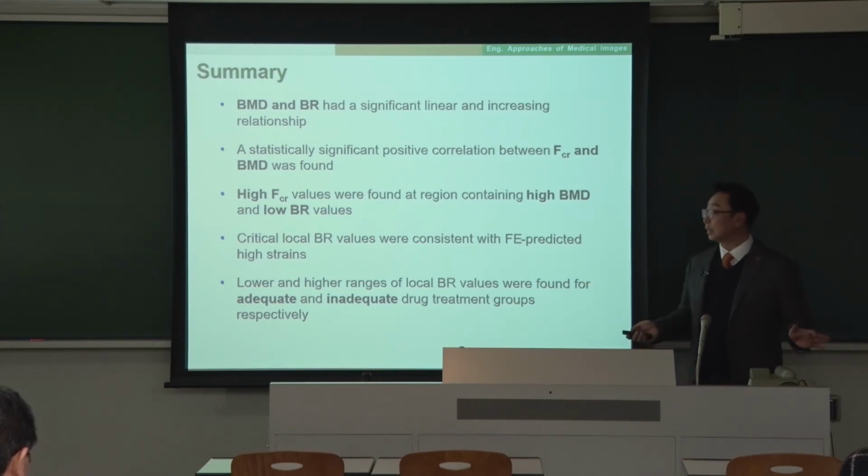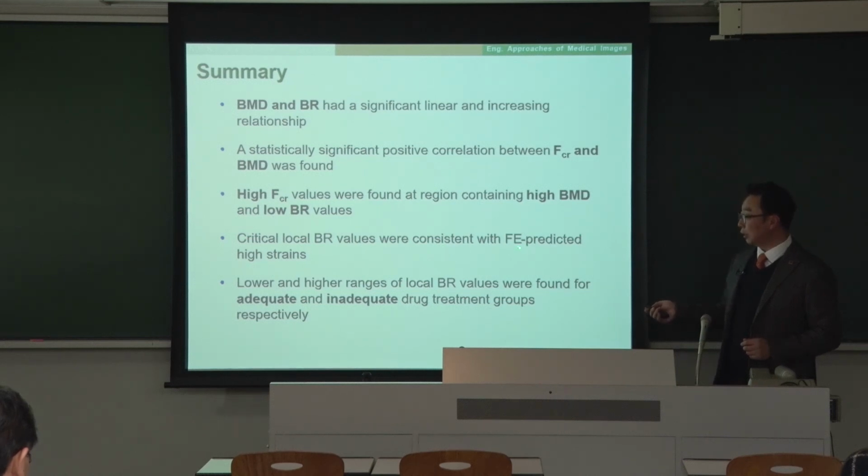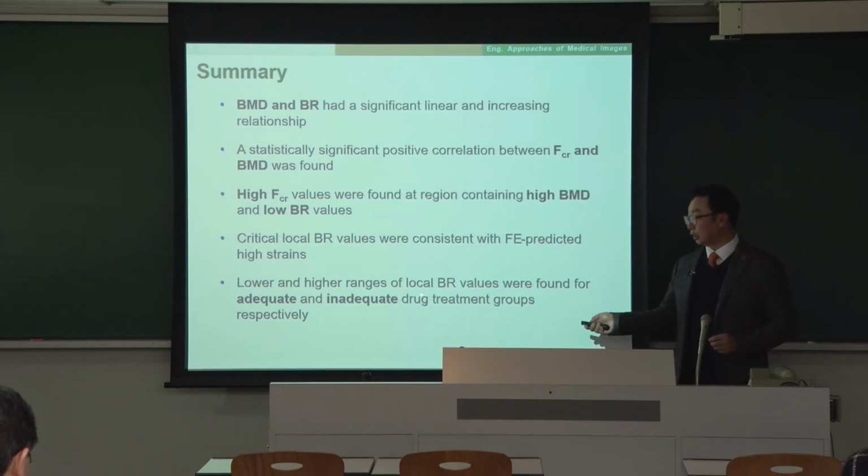But as I said, the critical local buckling values were consistent with the FE, and the lower and higher ranges of local buckling ratio were found in the adequate and inadequate drug treatment groups respectively. So what this means is that even though bone mineral density is increasing, we have a technology which can differentiate those groups.